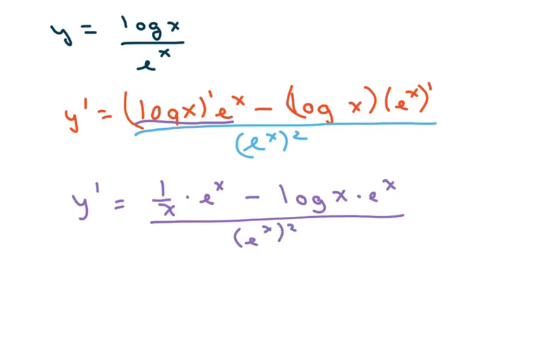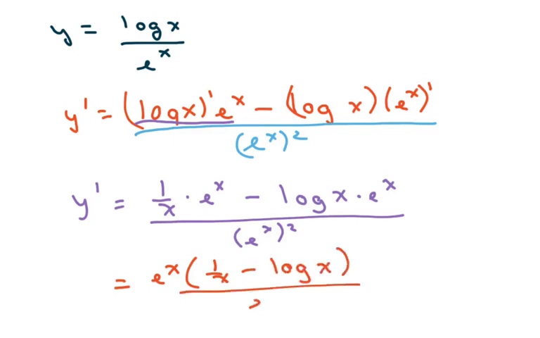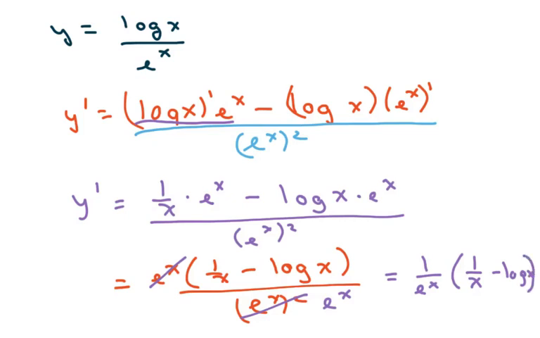So if I pull out e to the x from the numerator, I'm going to get e to the x times 1 over x minus log of x, over e to the x squared. Well, since we have 2 of these here, this can cancel out, and we're just left with 1 here. So our final answer would be 1 over e to the x, if you want to pull it out, times 1 over x minus log of x, sorry.